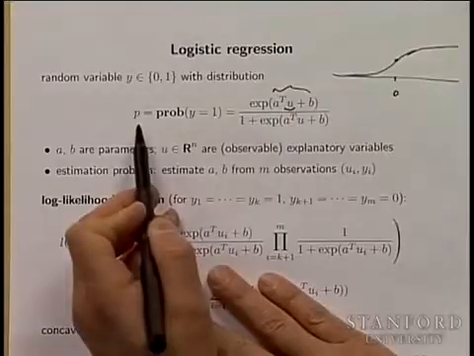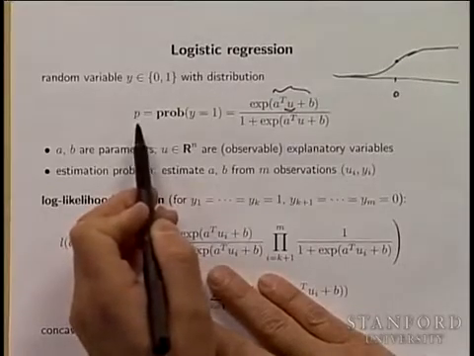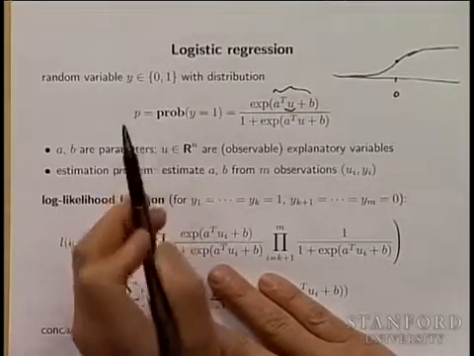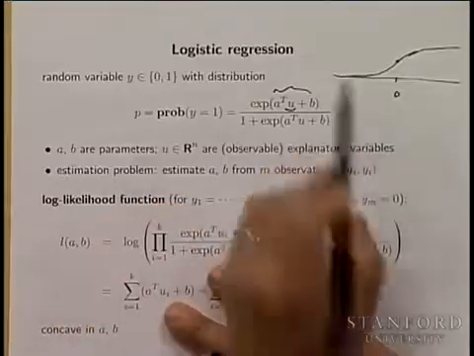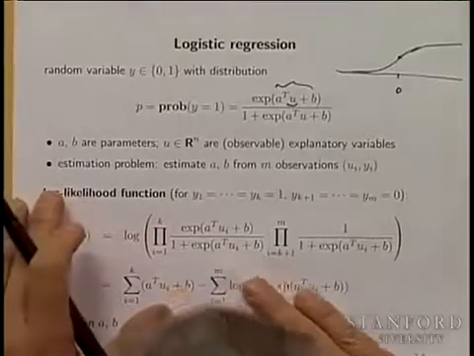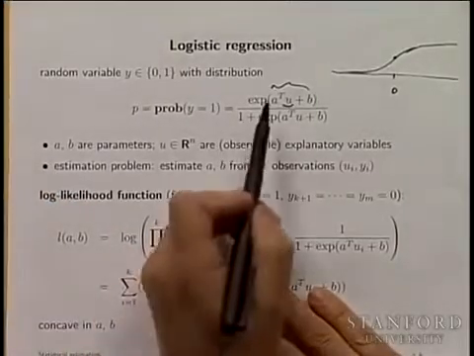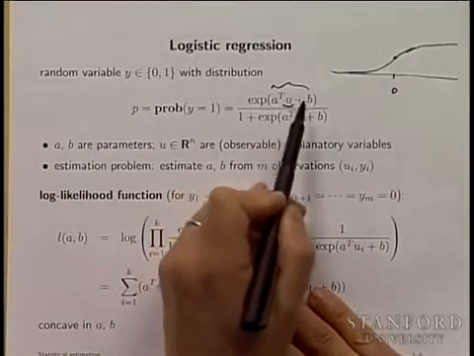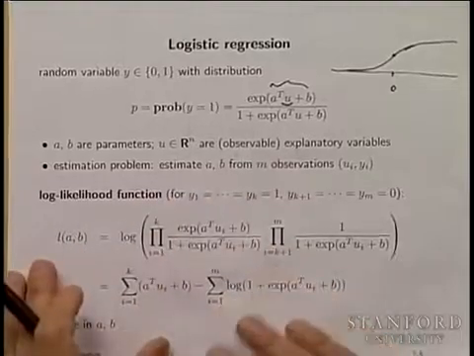And y could be if you died or something like that. So hopefully things will end up over here. So these are explanatory variables, and what you want to estimate are the parameters a and b that parameterize this distribution.